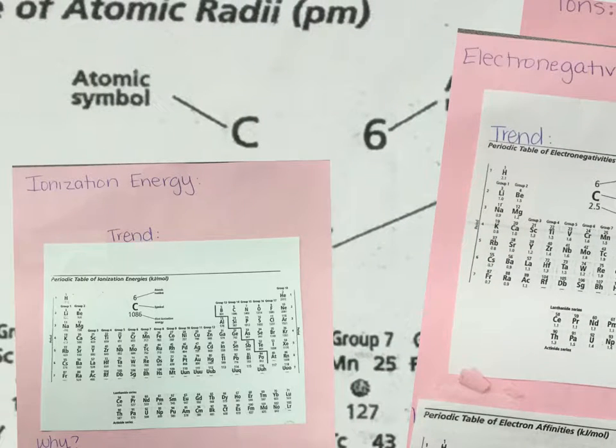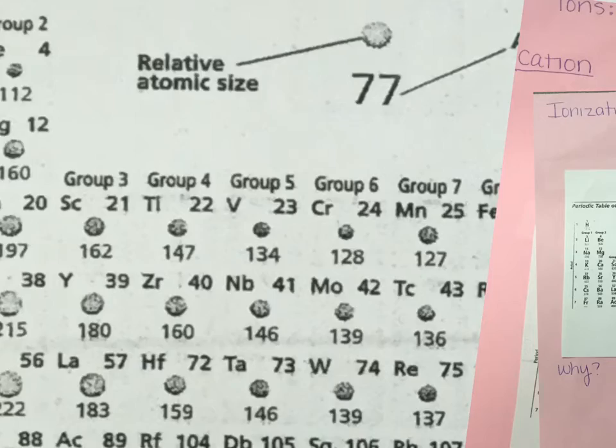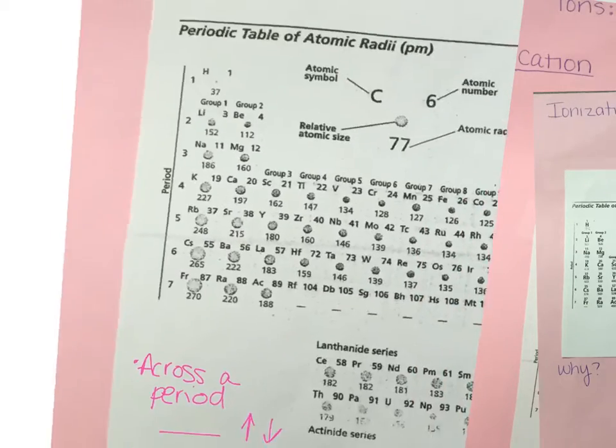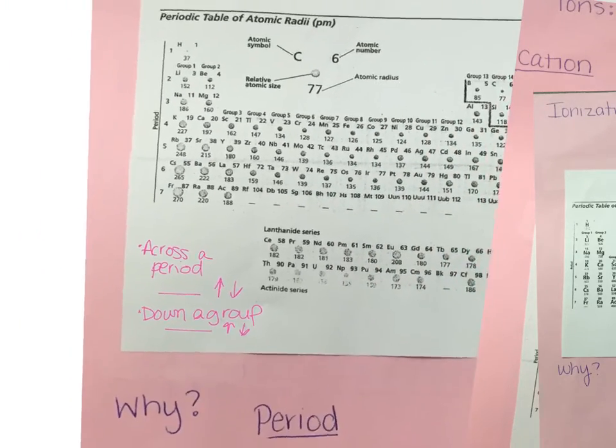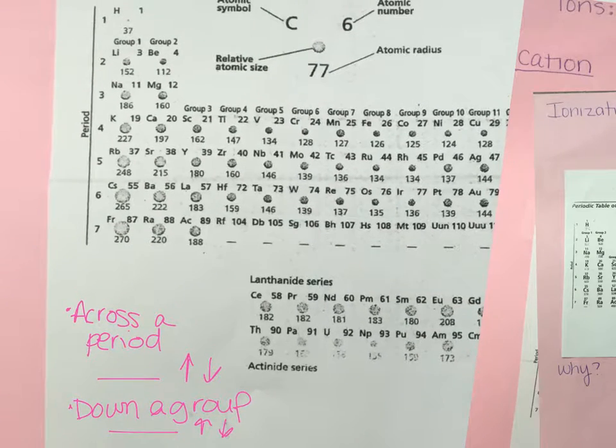So pay attention on each one to what exactly you're looking at. I would use the numbers more than the pictures, but the pictures of the radius will help you as well. All right, I will leave this up here and give you 8 minutes. You can work with a partner. Try and get all the trends written down on your board. There are 5, okay? Save electron affinity for last.